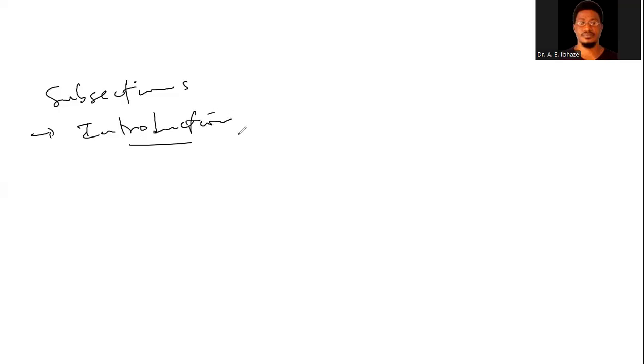So in organizing the literature review, let's look at possible subsections. So you want to provide a brief introduction just to begin. So here, you want to tell the purpose of this review, and then you also want to tell the structure of the review.